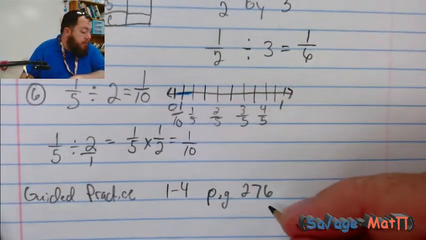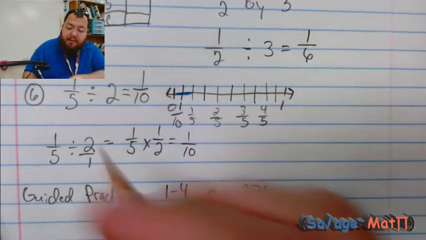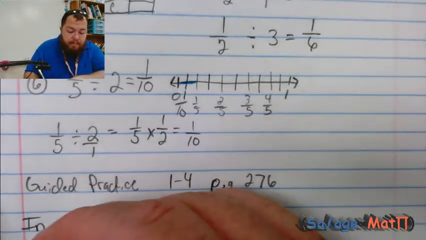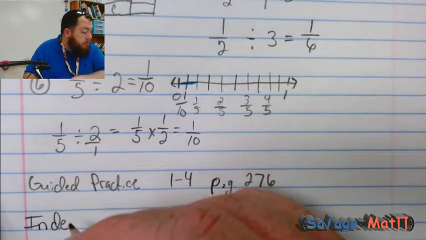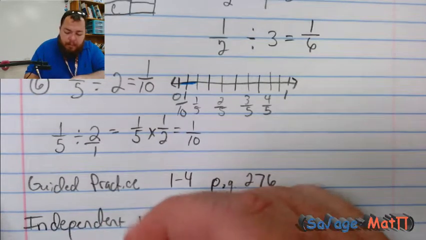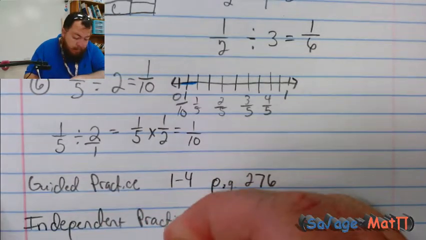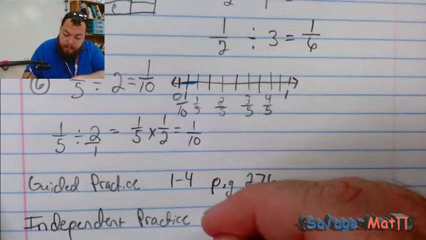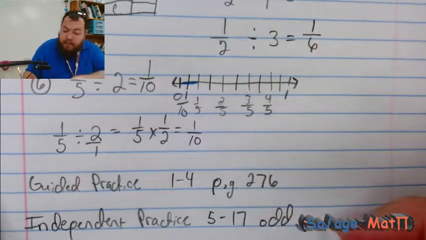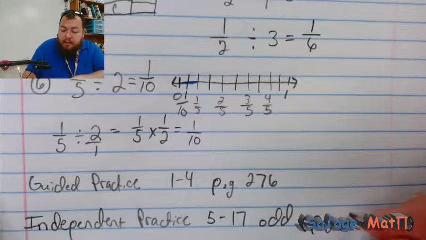And then for independent practice, I want you guys to do 5 through 17 odd. And that's on pages 276 to 277.